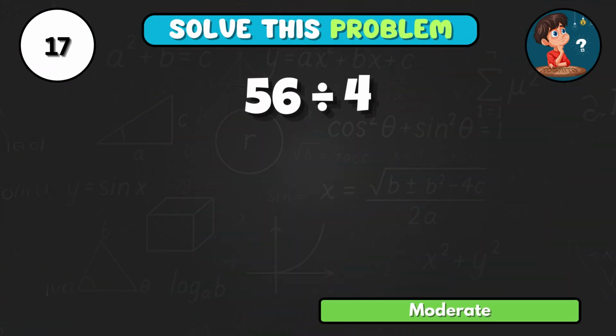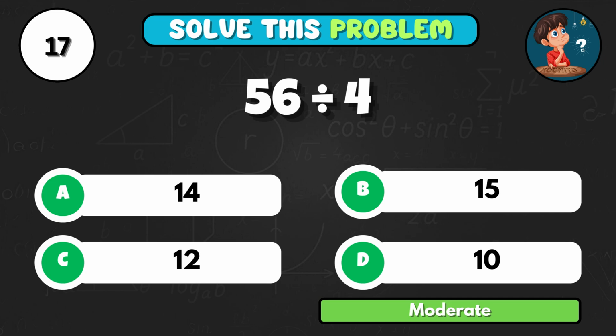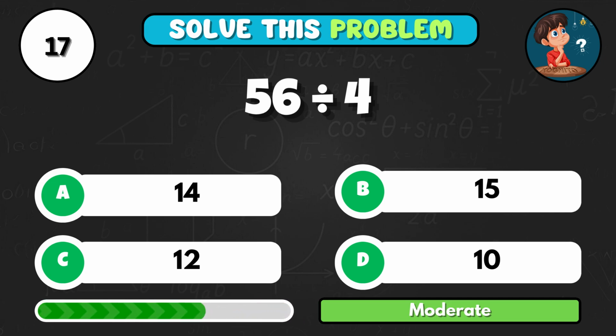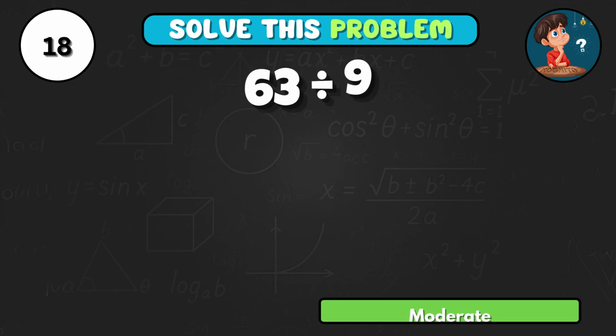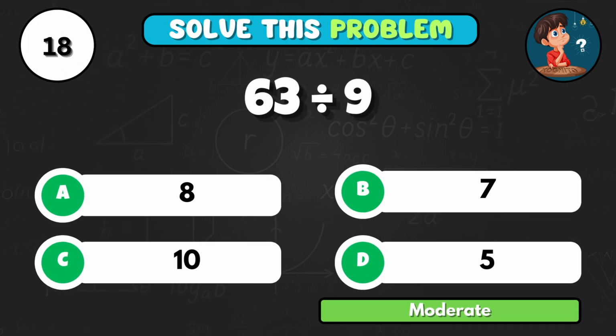Solve 56 divided by 4. That's A, 14. What's 63 divided by 9?